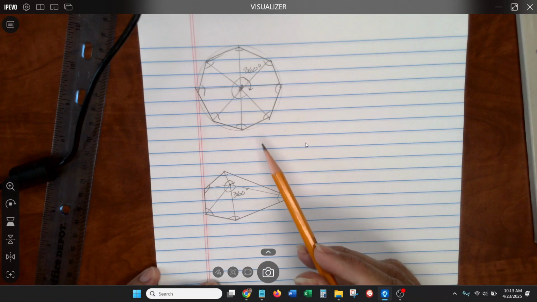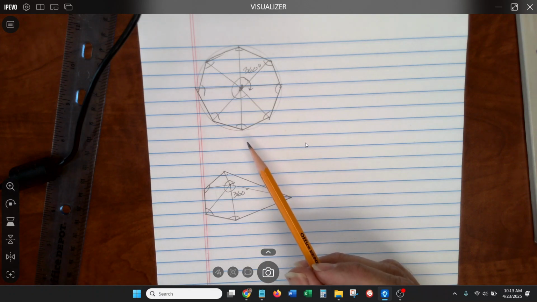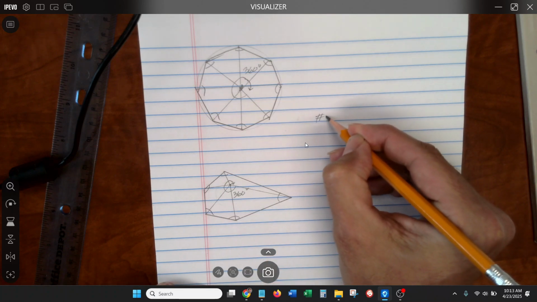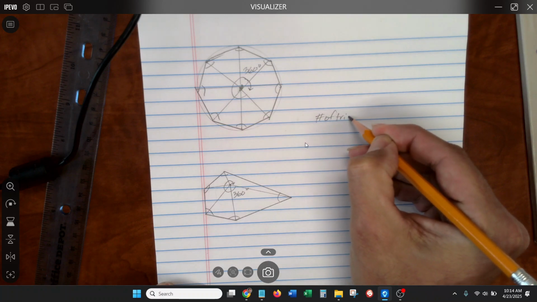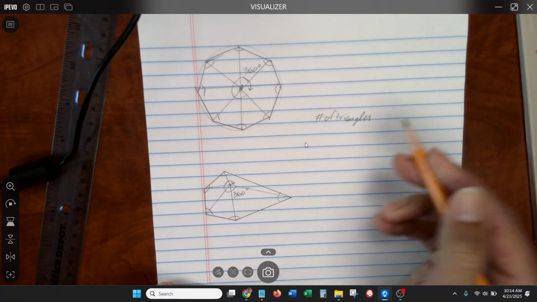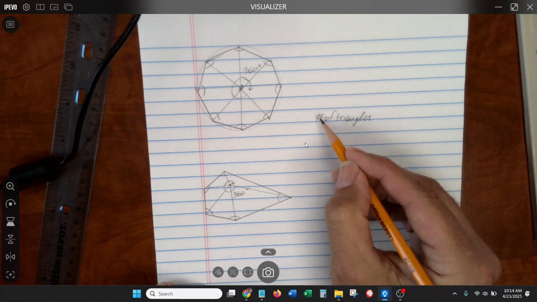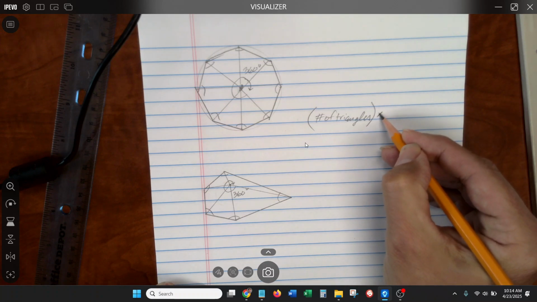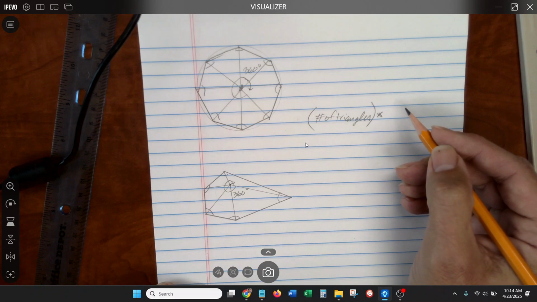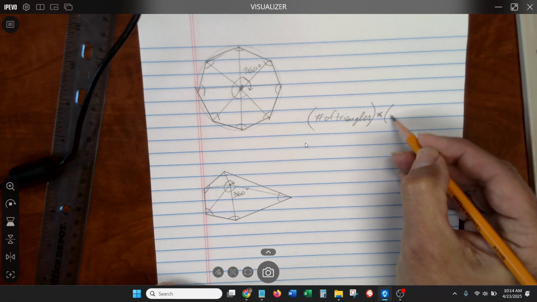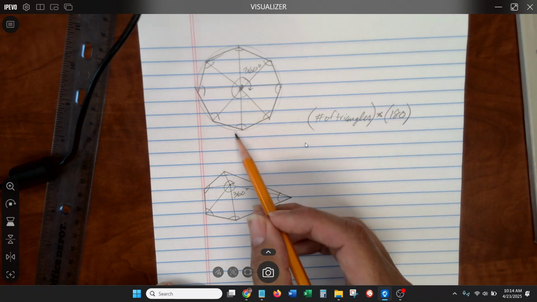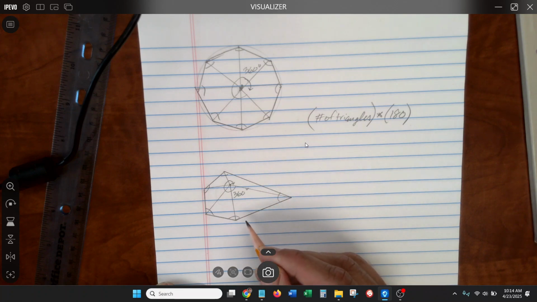So really, if we take the number of triangles in any either regular or irregular polygon, and we multiply that by 180 degrees, which is the sum of angles for any triangle, we get the total measure of the sum of all the angles formed.